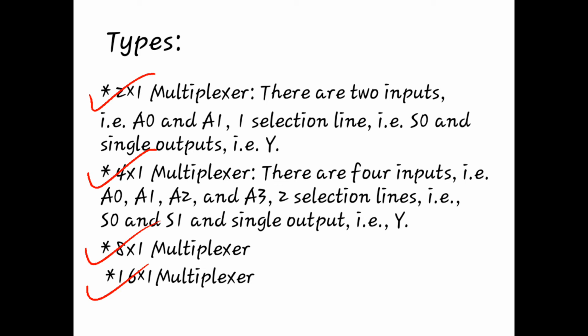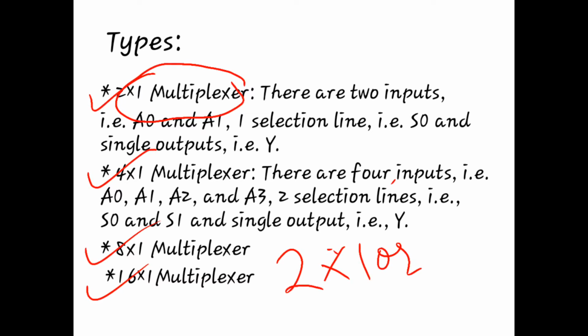When we are talking about a 2x1 multiplexer, in some representations we write 2:1.